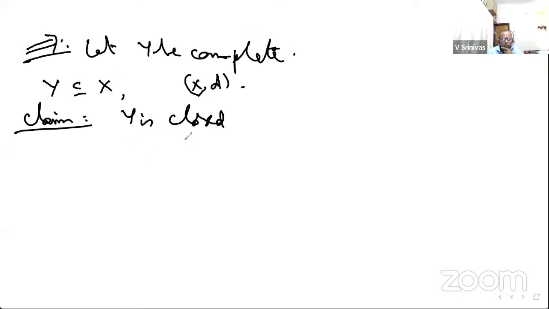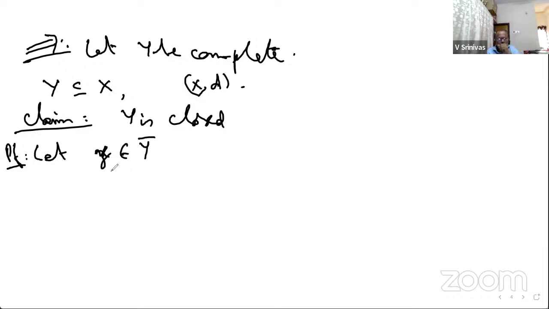Now, how to show Y is closed? You take an element in Y closure. Proof of this claim: let small y belong to Y closure.